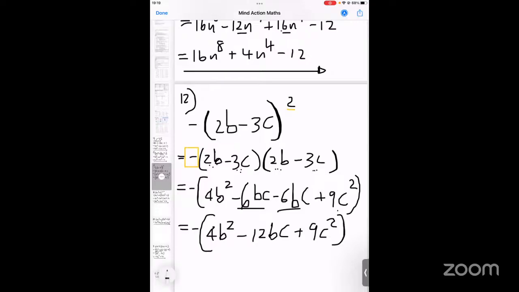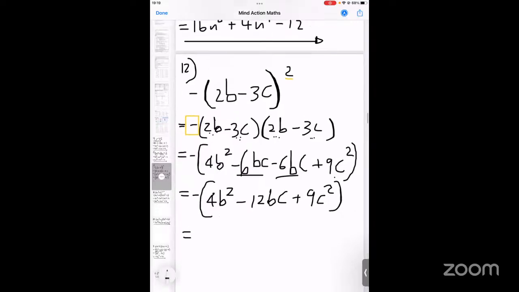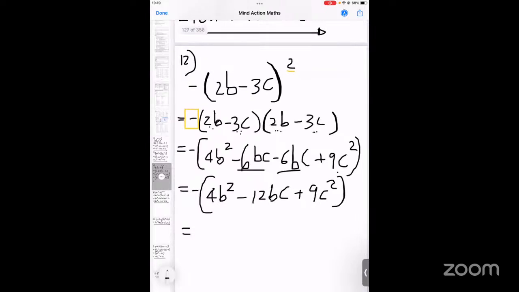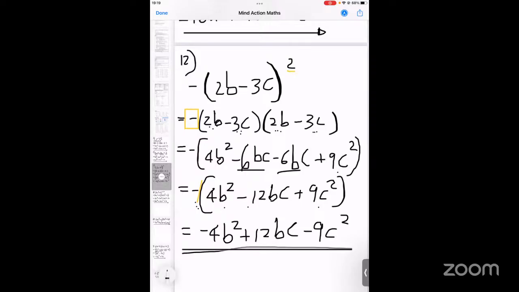I'll just write it like that. And finally, I can therefore say, that negative invisible one there, I'll multiply each term by that. So that by that, it ends up being negative 4b squared. That by that, it becomes positive 12bc. That by that, it becomes negative 9c squared.